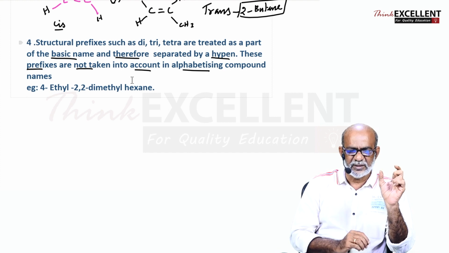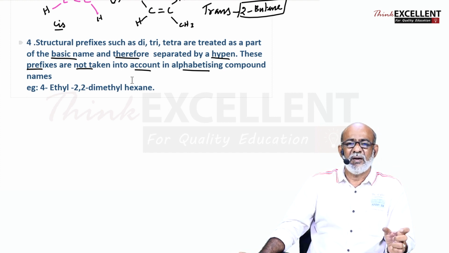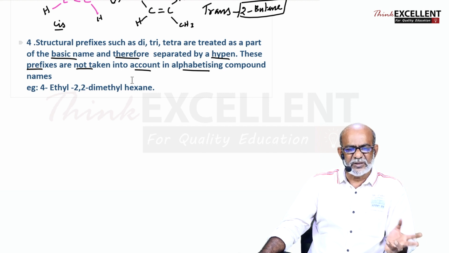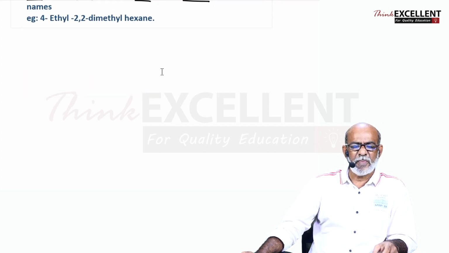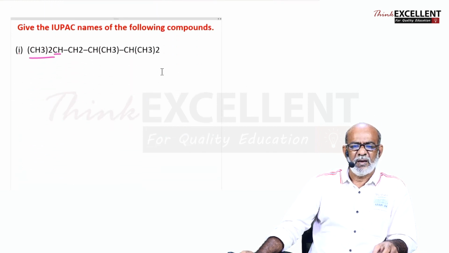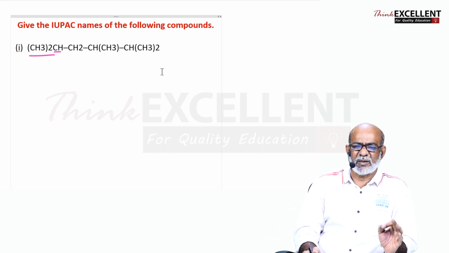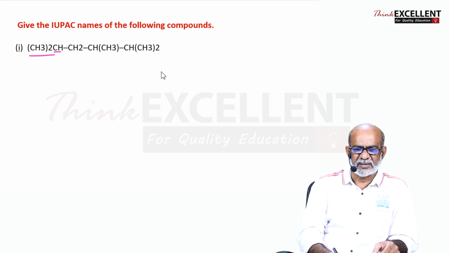So this is the way to arrange the names of organic compounds by using the IUPAC rule. So we are going to see the IUPAC names of some compounds. First I take this: CH3 twice, CH, CH2, CH, CH3, CH, CH3 twice. So I start from here, CH with CH3 twice.